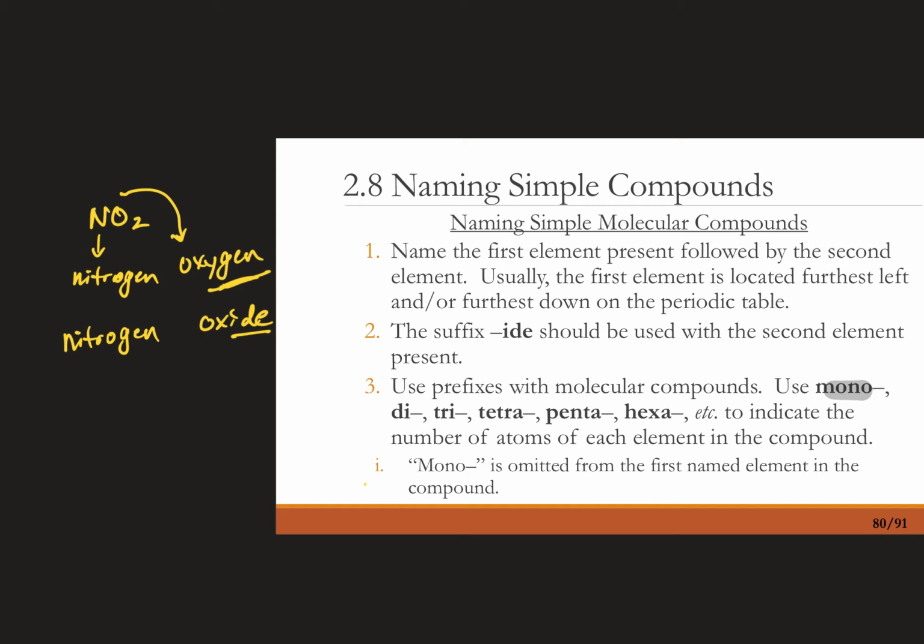Use prefixes now to indicate the number of atoms or groups of atoms in these. So use mono for 1, di, tri, tetra, penta, hexa, hepta, octa, nona for 9, deca for 10, etc., etc. It goes on forever to indicate the number of atoms of each element in the compound. Since NO2 has 2 oxygens, you're going to name this nitrogen dioxide.